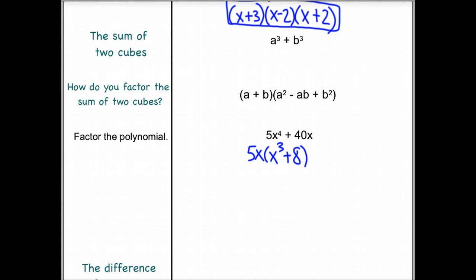Now I can see that this is a sum of two cubes, but just in case, I'm going to rewrite this as 5x times x cubed plus 2 cubed. So 2 cubed is 8, and now we can see that we have this form a cubed plus b cubed. And I want to start by identifying what our a and our b will equal.